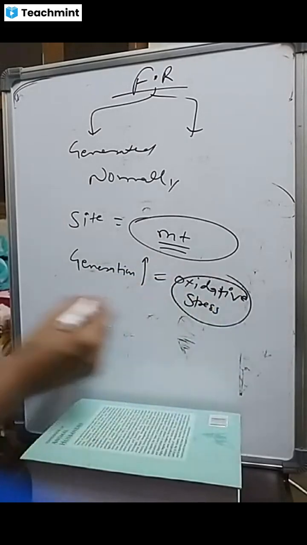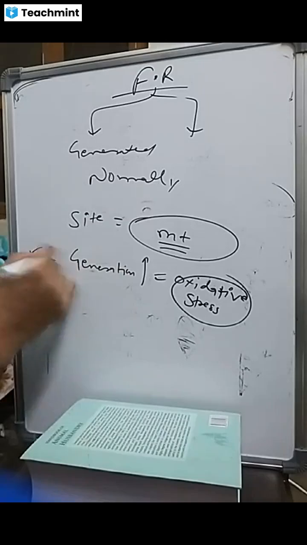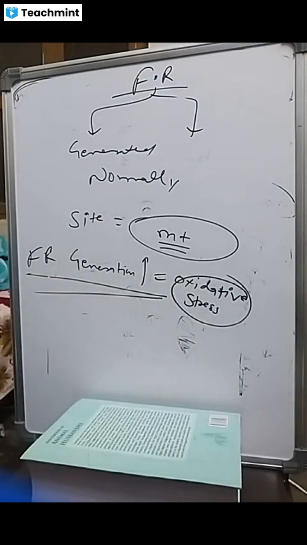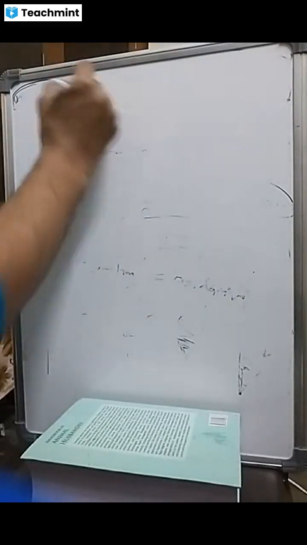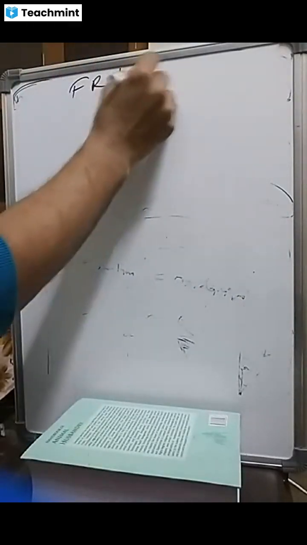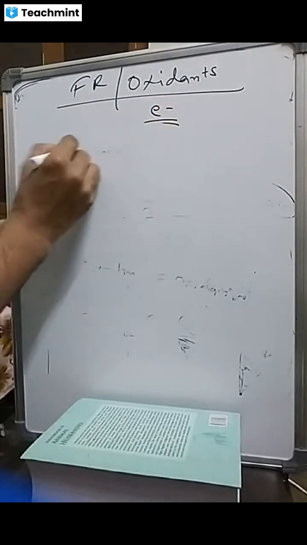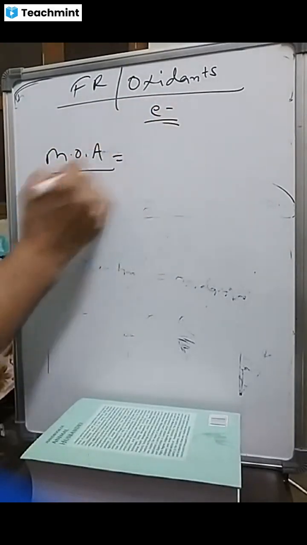These oxidants have one unpaired electron.